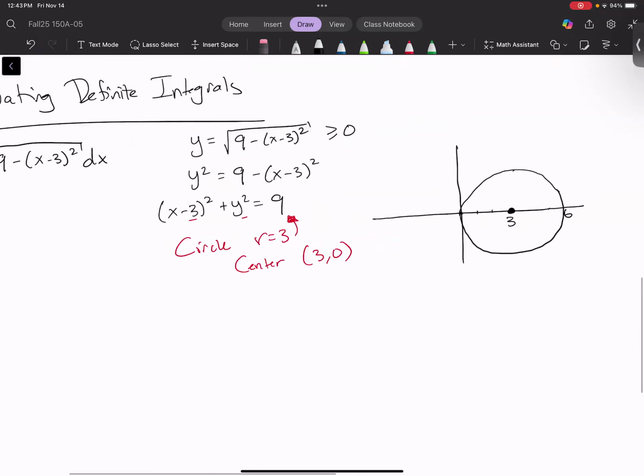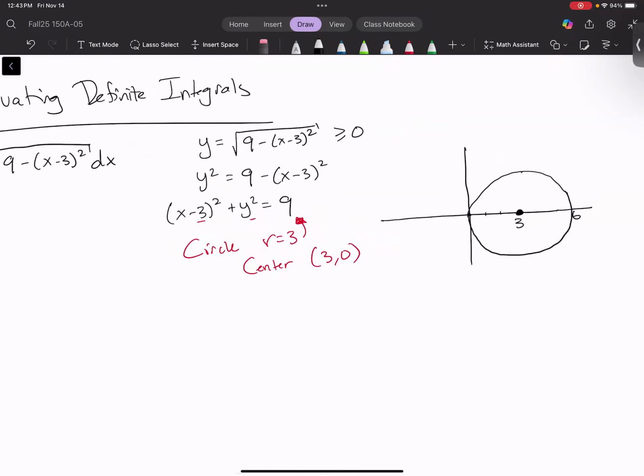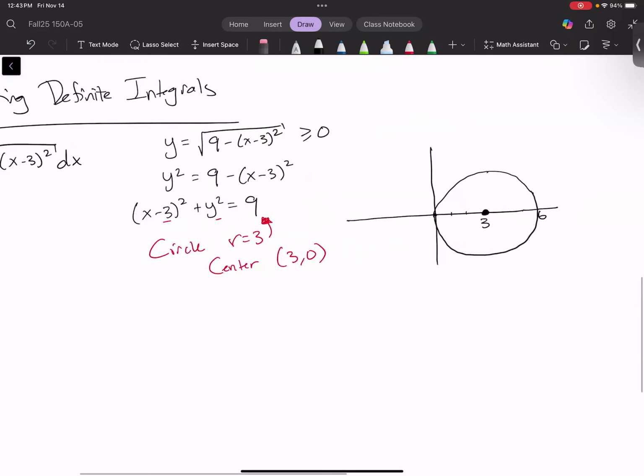Now, remember what I said: the function y is always non-negative. So even though this is a circle, we actually introduced part of the graph that is not there. y equals a square root, so it has to be positive. So we're only going to look at the top half, because we need the y coordinate to be non-negative.